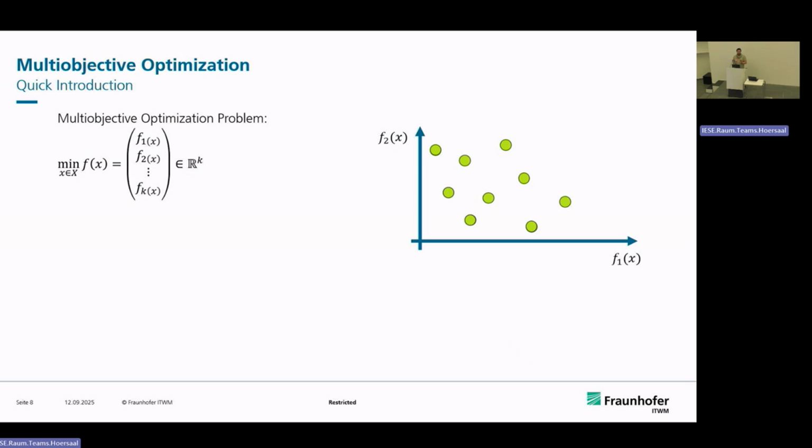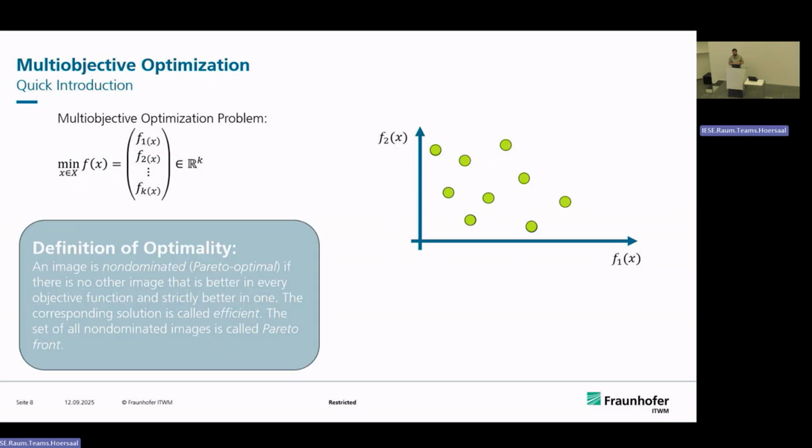And clearly here, there is no one distinct optimal solution, but we need another concept of optimality, the so-called Pareto optimality. We say that some of these images are non-dominated, which is our stance on optimality, if there's no other image that is better in every objective function and strictly better in one.